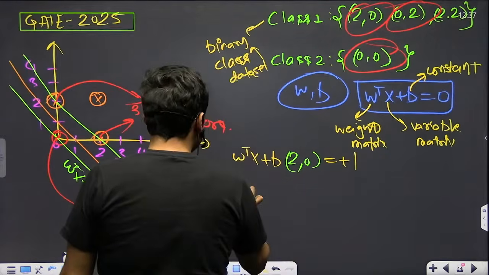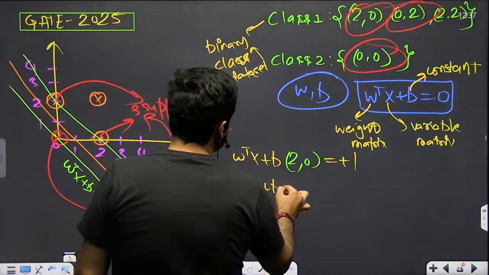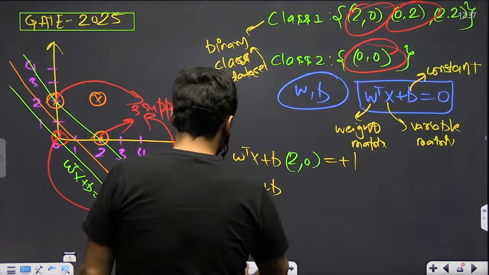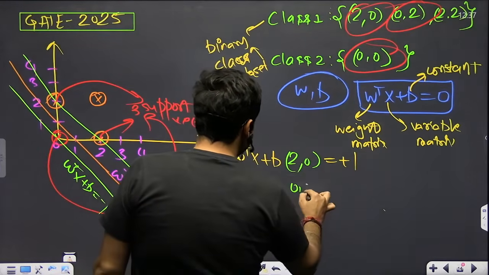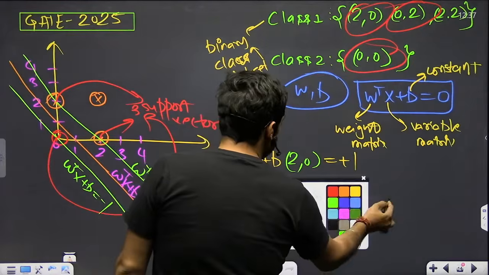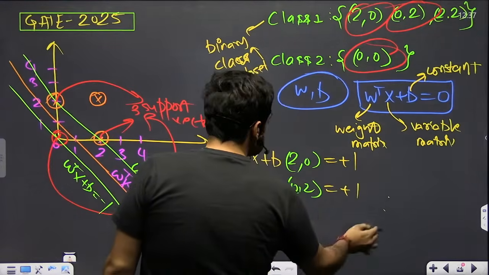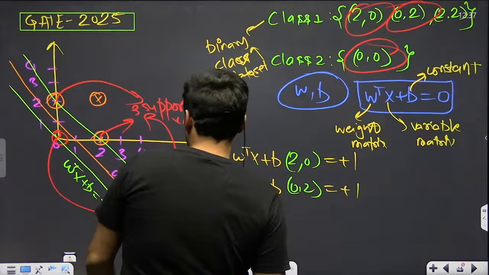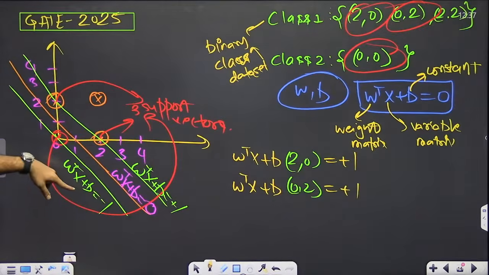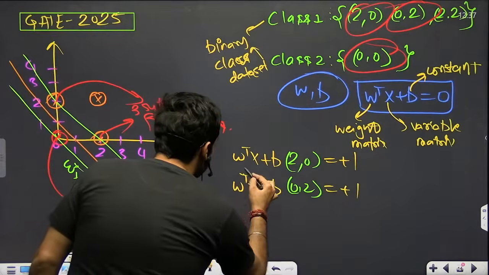And if I enter point 0, 2, that would also be equal to +1. Next point is 0, 0.